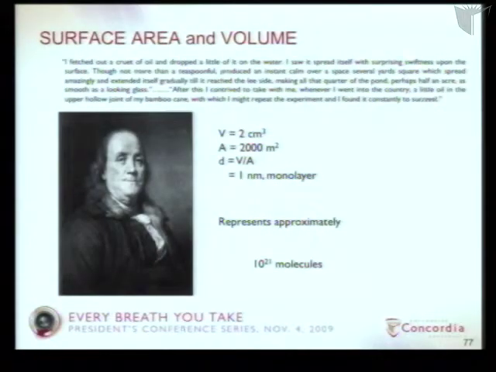Another important property at the nanoscale is the surface area. Benjamin Franklin in 1773 did a very simple experiment. He took a teaspoonful of oil, and at Clapham Common in England, he put this teaspoonful of oil onto a pond, and he noticed that it spread out over the pond.